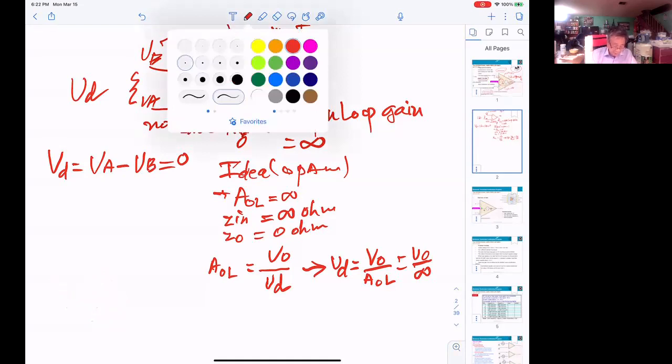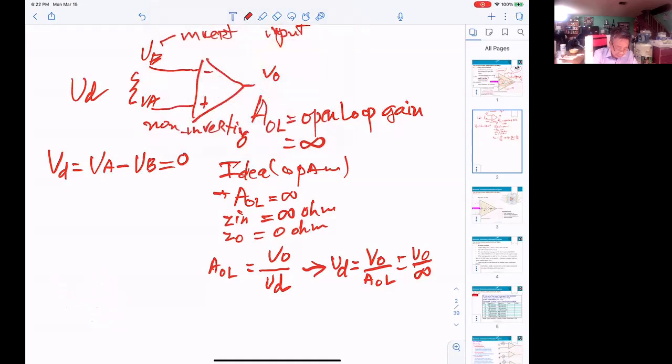So now, let me try again. AOL by definition is V out divided by VD. Is it correct?